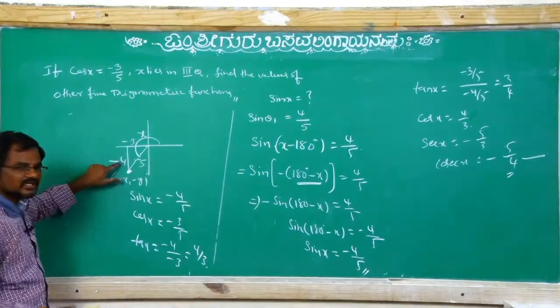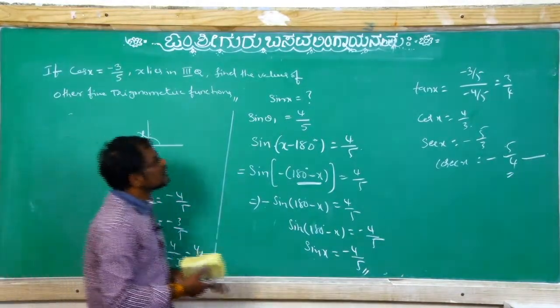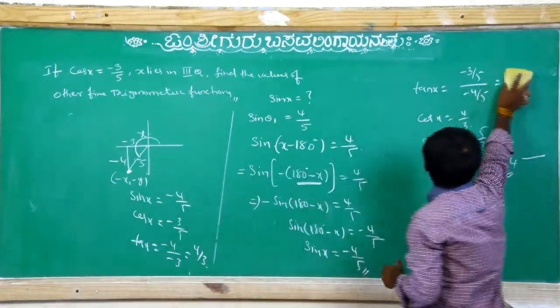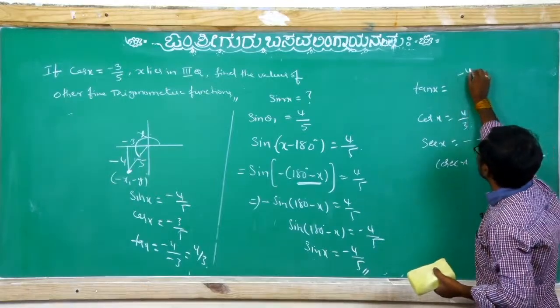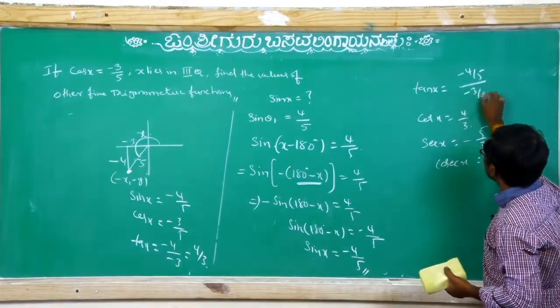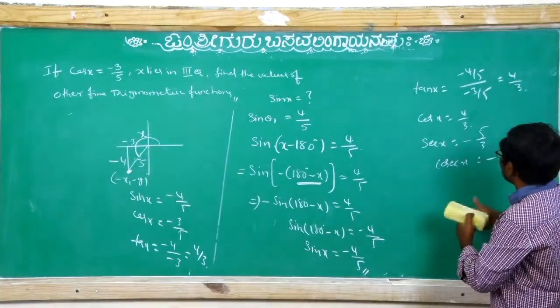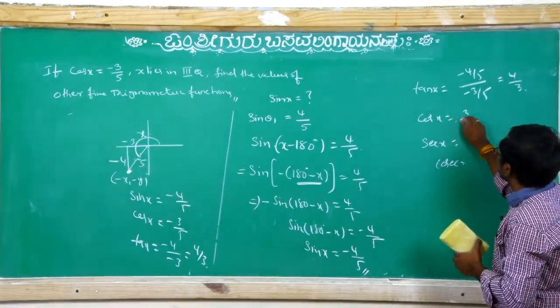Here 3 is there. I think here 4. For this one, opposite. Tan x, here what you took, minus 3 by sin x, here previous problem sin x equal to what, minus 4 by 5, minus 3 by 4. So tan x equal to what you are getting, 4 by 3, and cot x what you will get, 3 by 4 you will get.